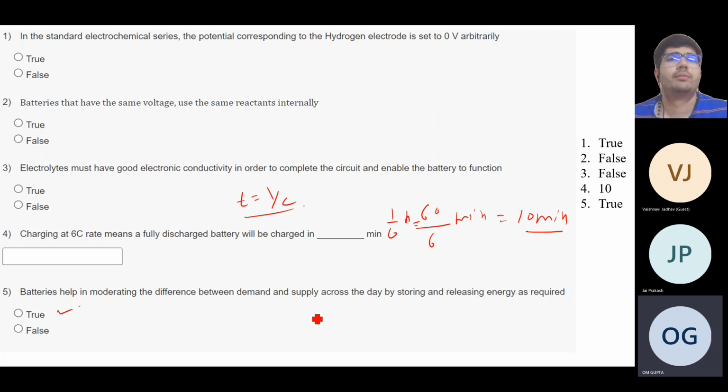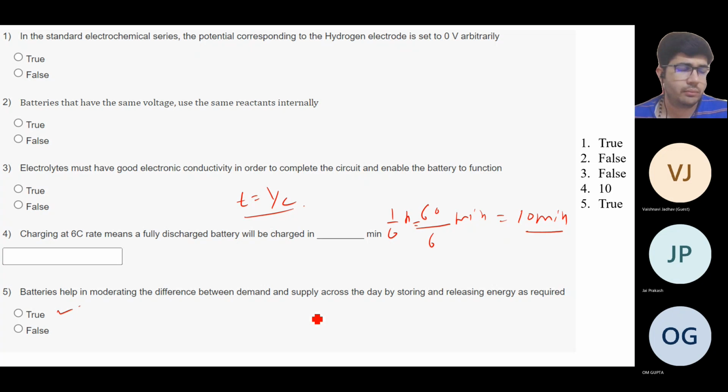Any doubt? Yes, in the final exams, because there is a quiz and there is an assignment, what type of examination is it going to be, MCQ, multiple select options, or written? How is it?